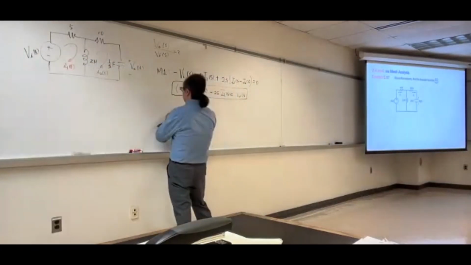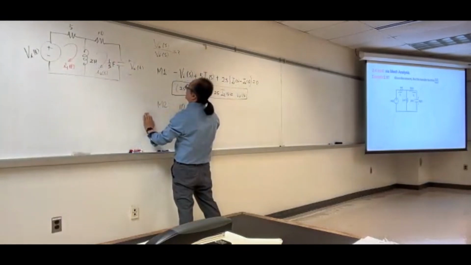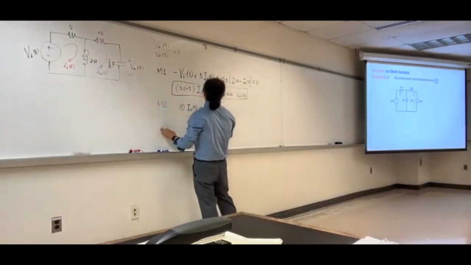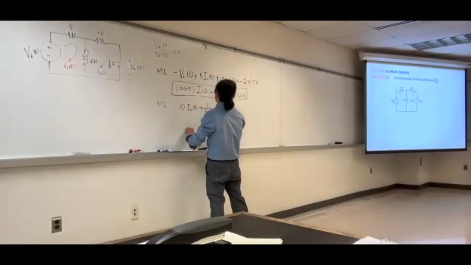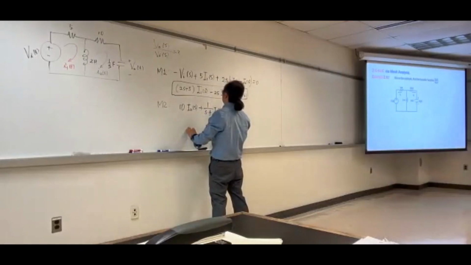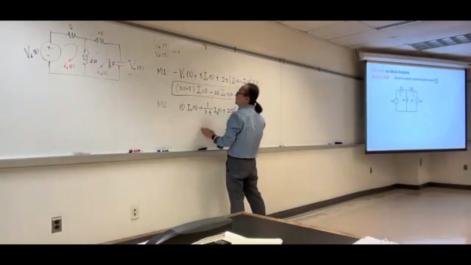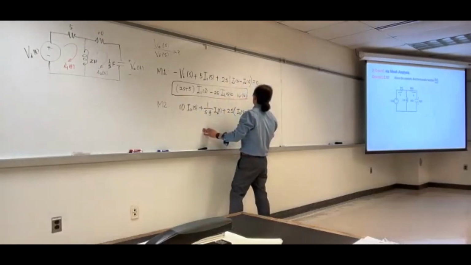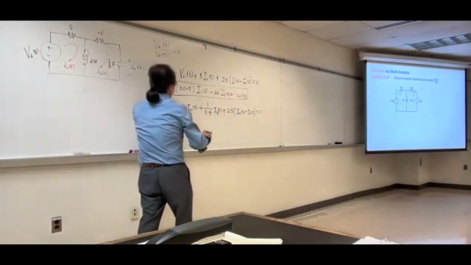The second equation starts from 10 times I2(s) plus 1 over SC, which is 1 over S over 5, I2(s), plus LS, 2S, times I2(s) minus I1(s), equals 0.